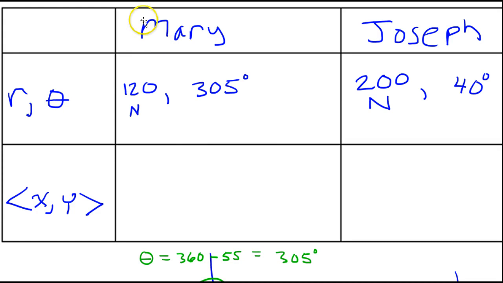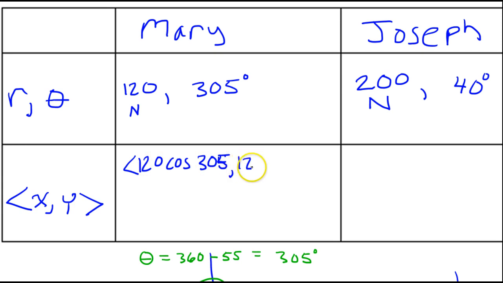We're going to convert these into component form. So it said r cosine theta, so that means the magnitude cosine the direction angle. All right, this is r cosine theta.